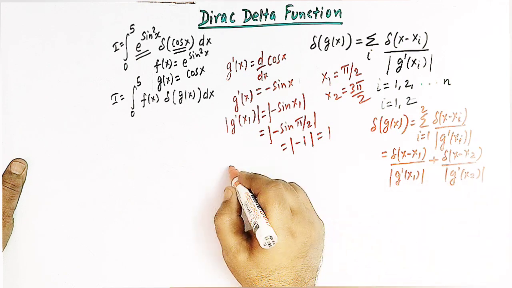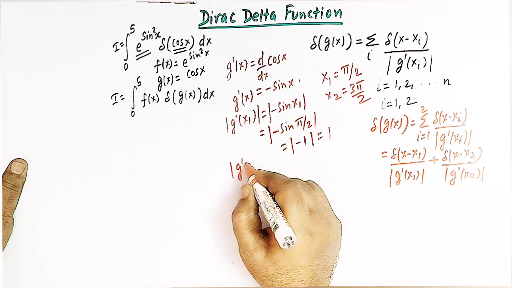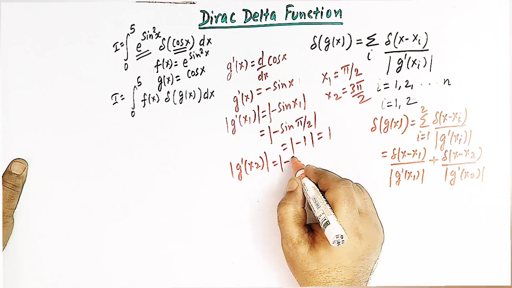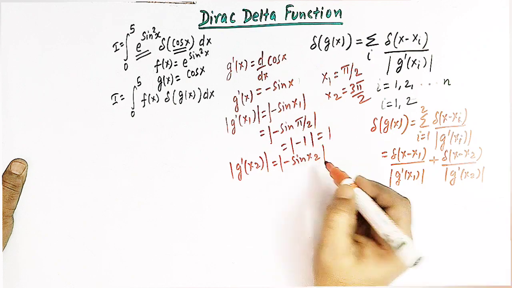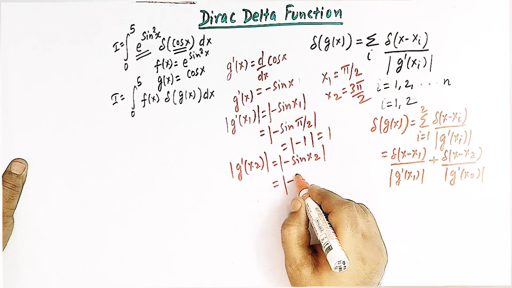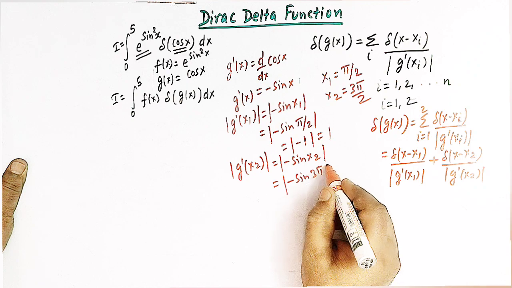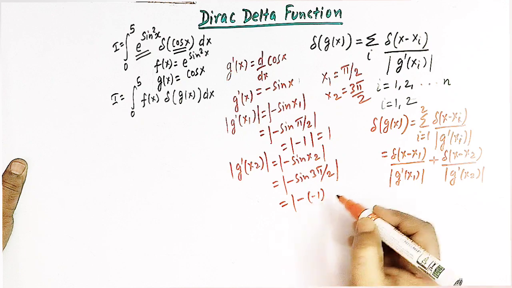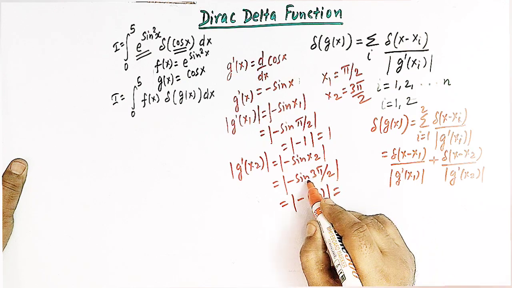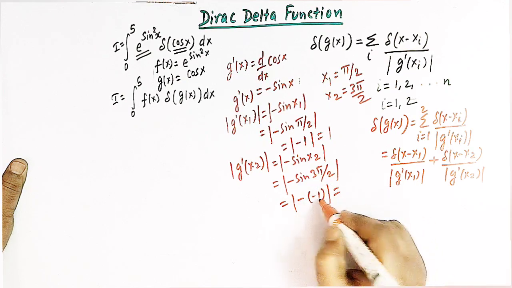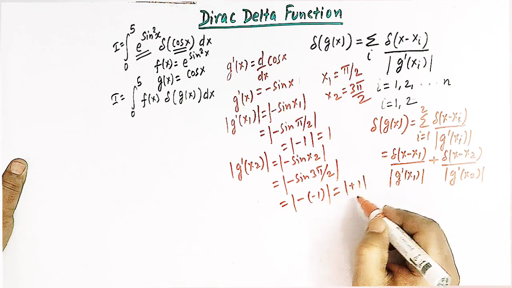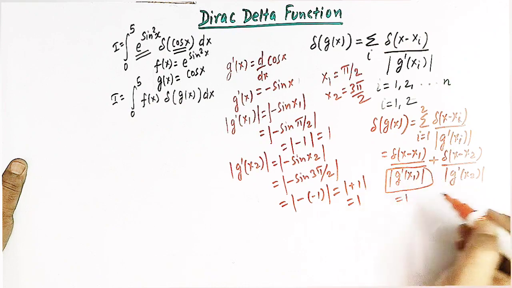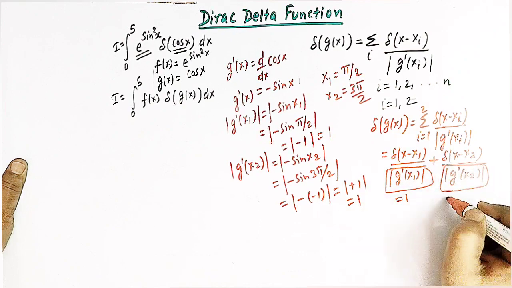Similarly, the absolute value of g prime of x2 is the mod of minus sine 3 pi by 2, and because sine 3 pi by 2 is minus 1, this is plus 1, that is equal to 1. So these two values are both equal to 1.